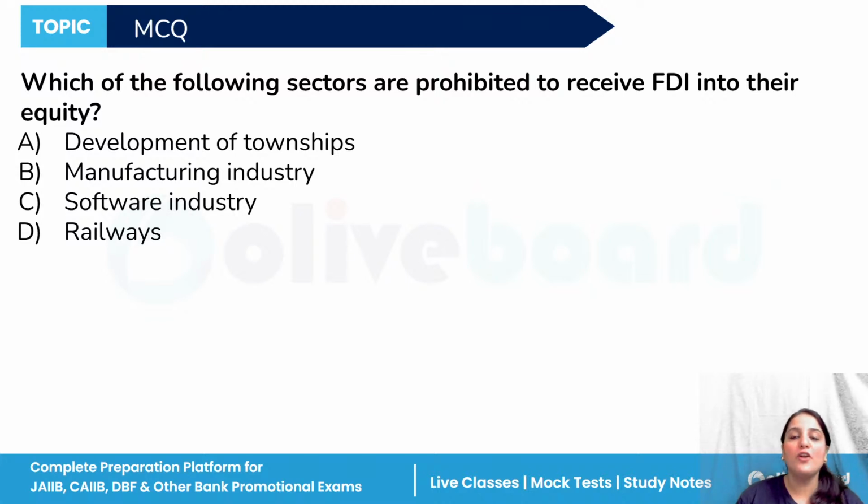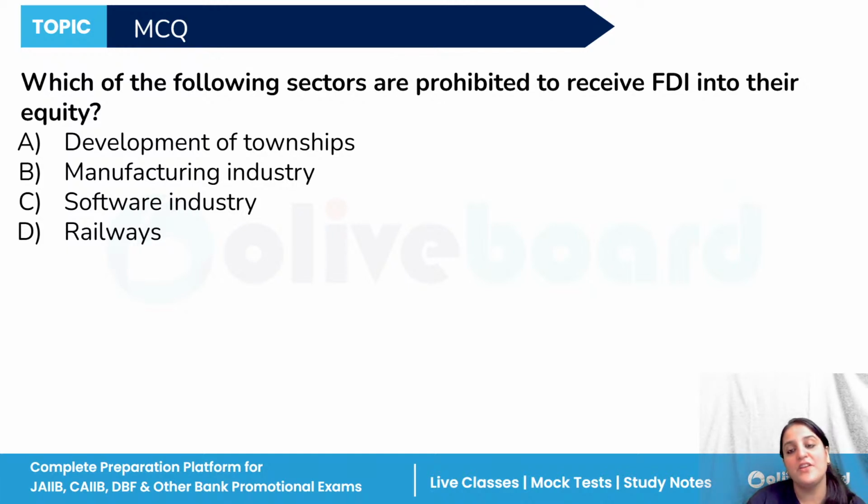Which one of the following sectors is prohibited from receiving FDI into its equity?